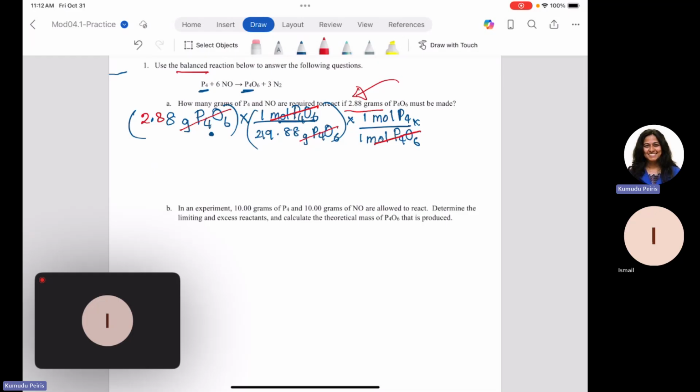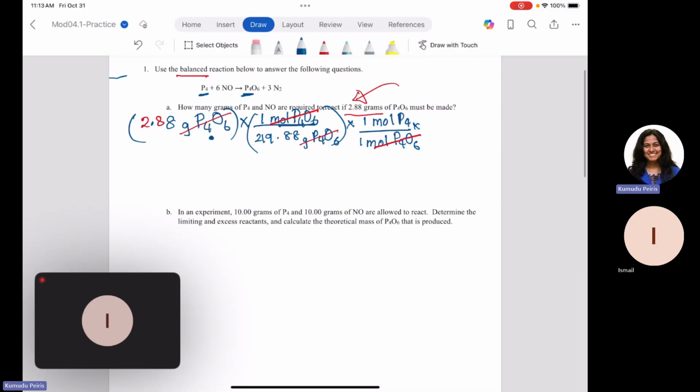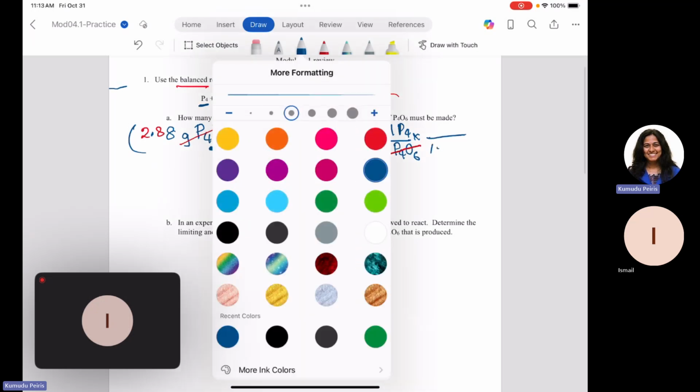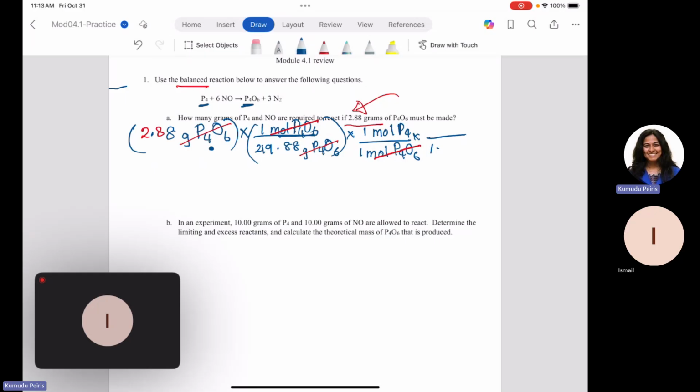But we must give the answer in grams of P4. So we should change this now into the grams of P4. In that case, the moles to moles should be cancelled out. So I'll get the moles of P4 in the denominator, and we use the molar mass of P4, that is 123.88 grams.